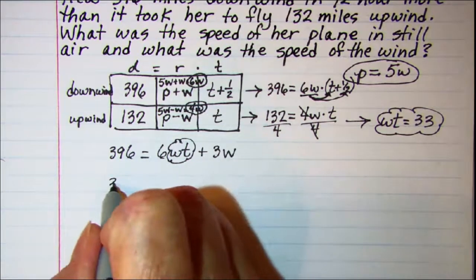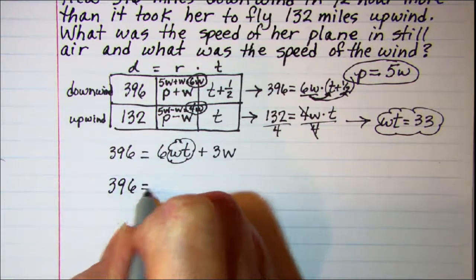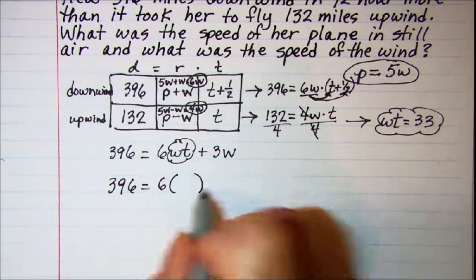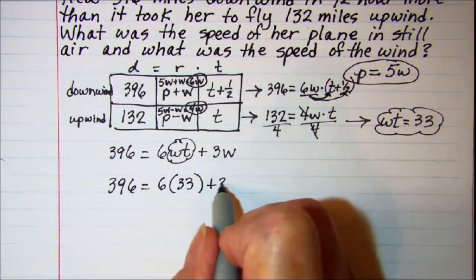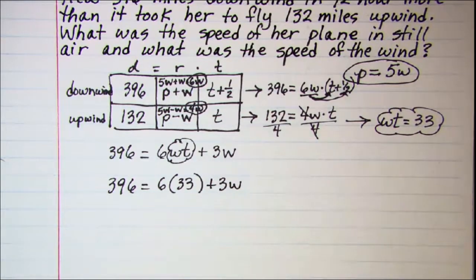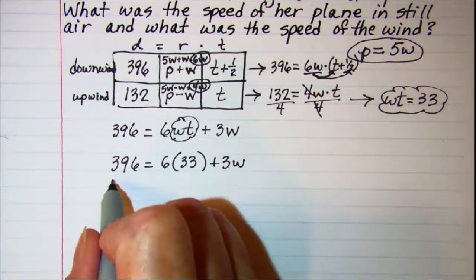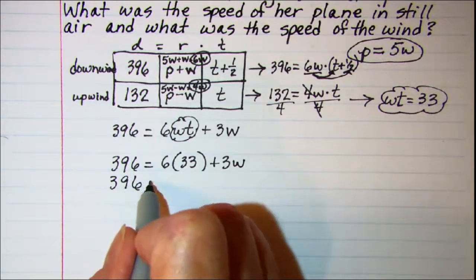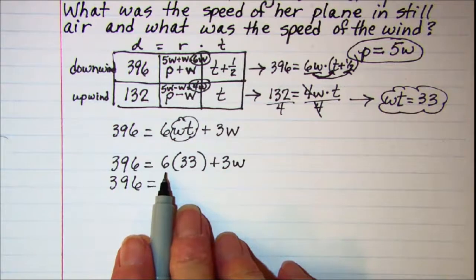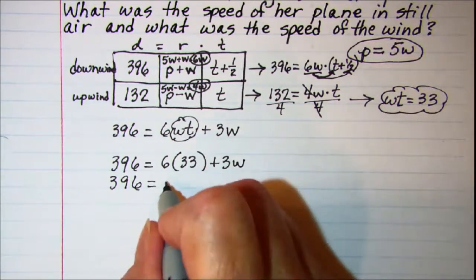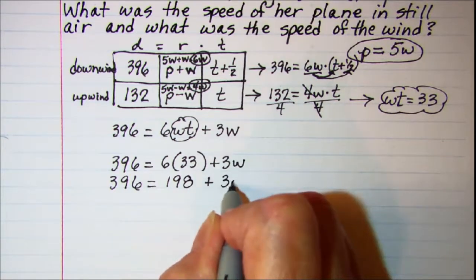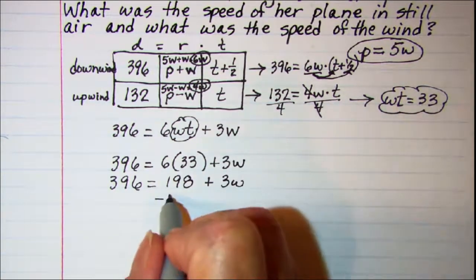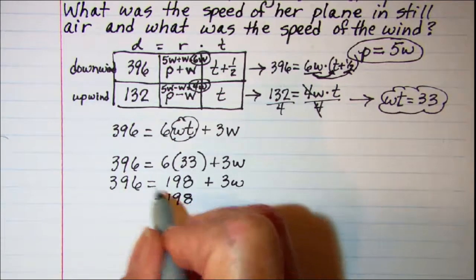So this is 396 equals 6 times 33 plus 3W. 396 is equal to 6 times 33, which is 198, plus 3W. Subtract 198 from both sides.